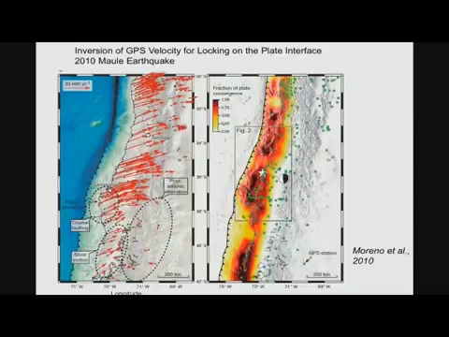Okay, so the next slide is going to show a blow up. This is the epicenter of the 2010 Maule earthquake. And so the expectation is, if we could have some information before the earthquake on where most of the slip is going to occur, that's going to tell us also about where the strongest shaking will occur.